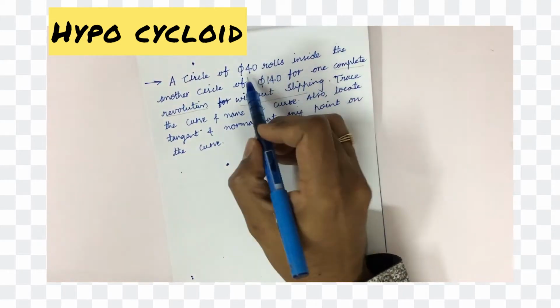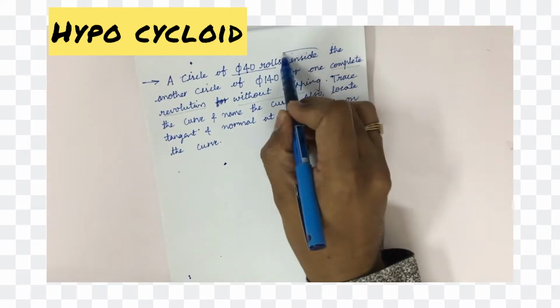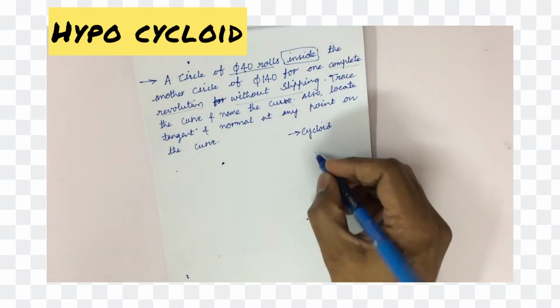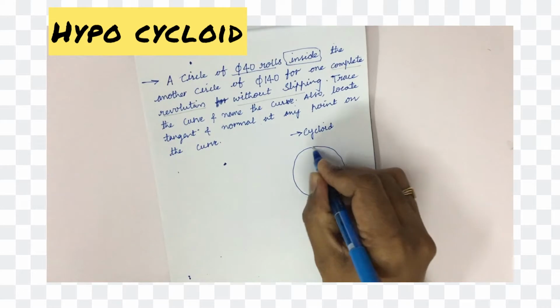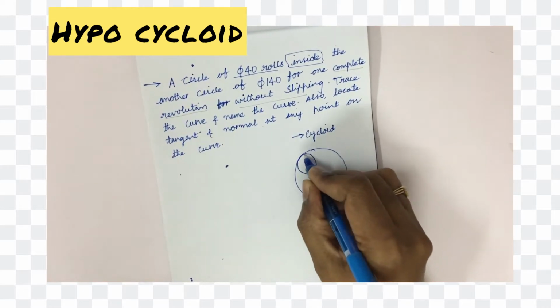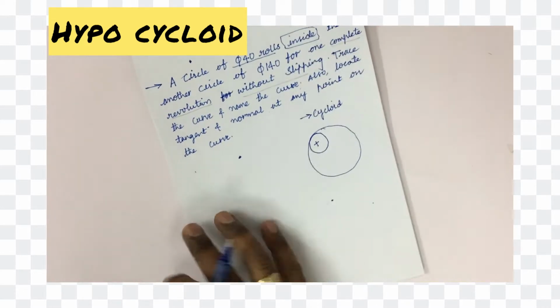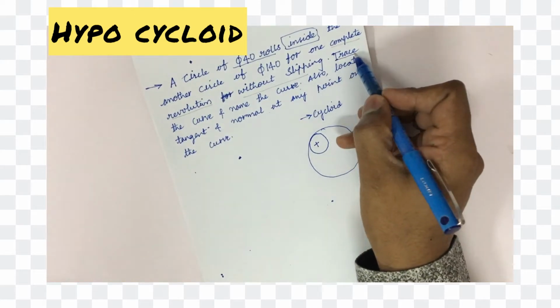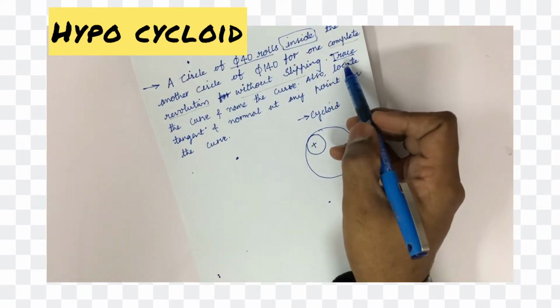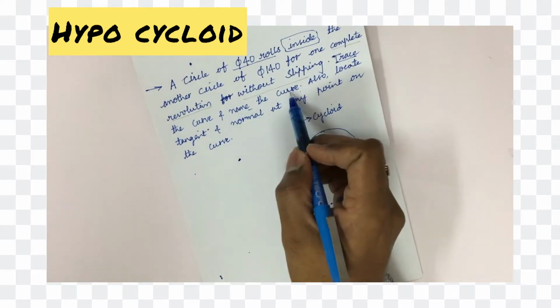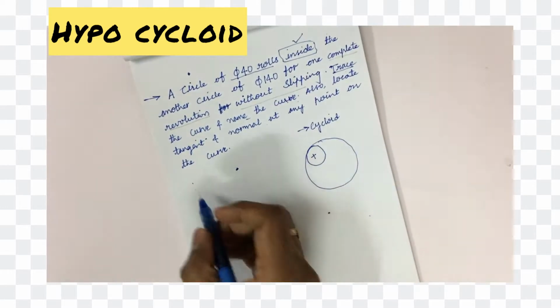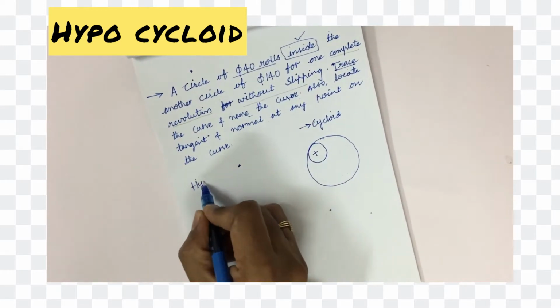Here one circle rolls inside another circle. When one circle is moving inside another circle, we name it as hypocycloid. It is not given which type of curve it belongs to, it is asked to trace the curve and name the curve. By looking at this statement, we can name this curve as hypocycloid.